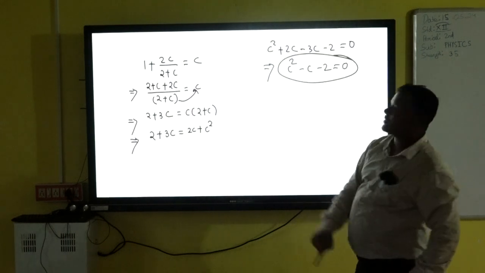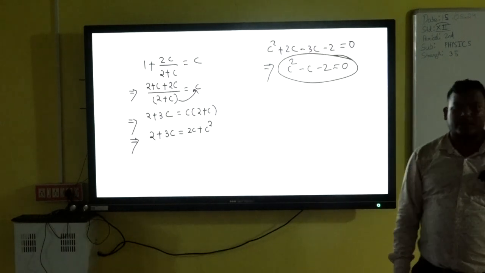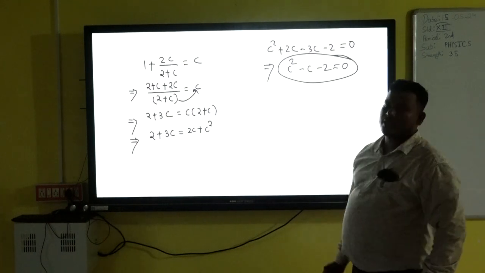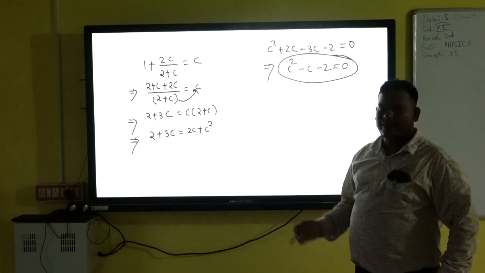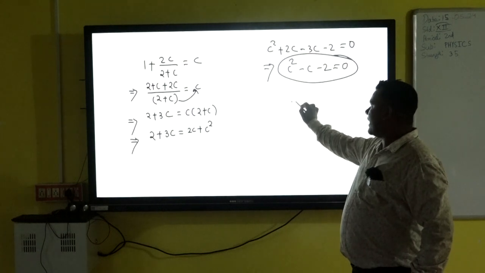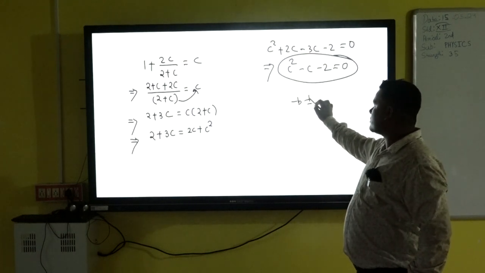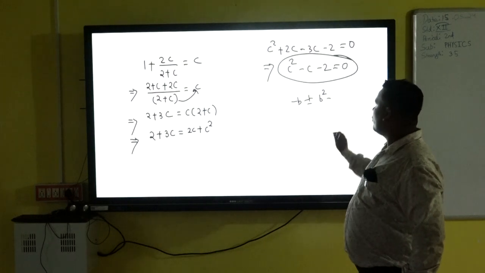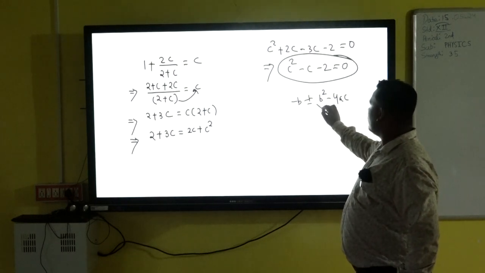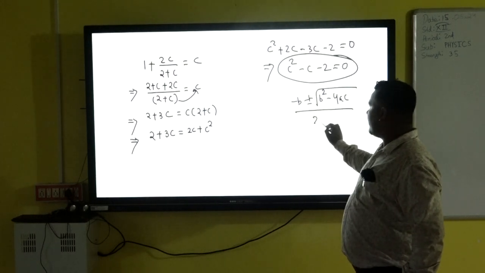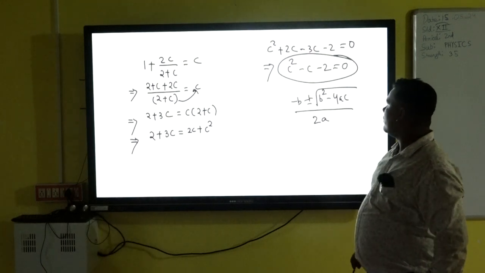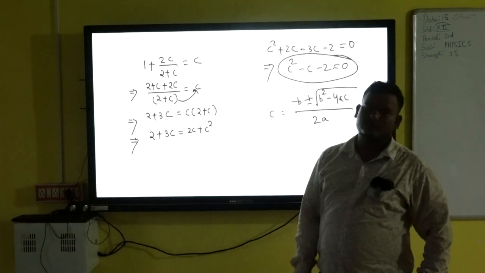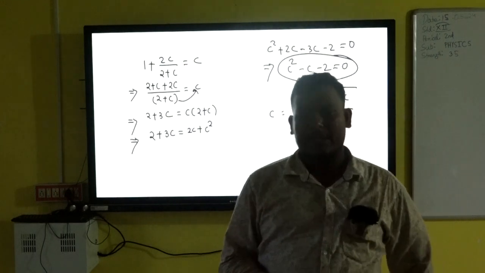So this is a quadratic equation, and you can find the value of C by using your quadratic formula, minus B plus minus root over B square minus 4AC, divided by 2A. Okay, so you can do the sum and give me the answer.